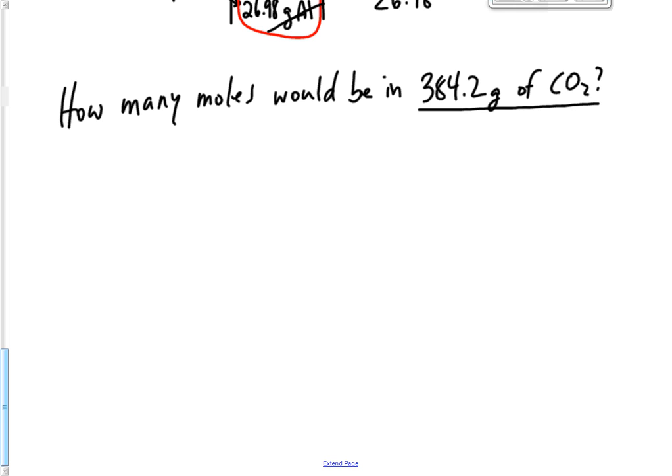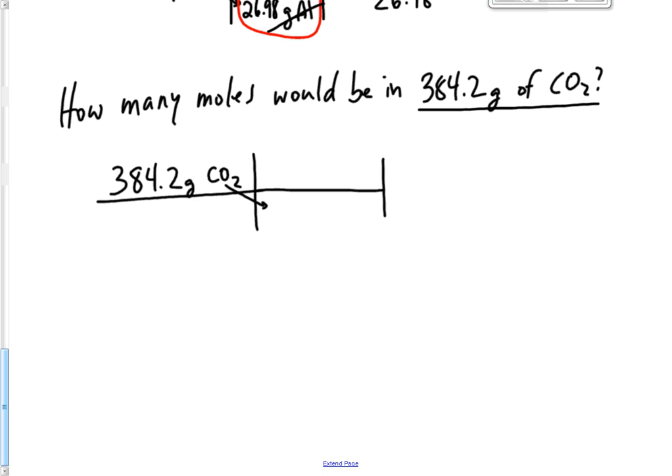So 384.2 grams of CO2 is what we have, so that's what we're going to start with. And immediately put grams of CO2 at the bottom. Then we're going to equate that to 1 mole of CO2. So we have to figure that out.